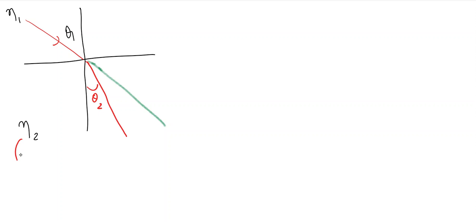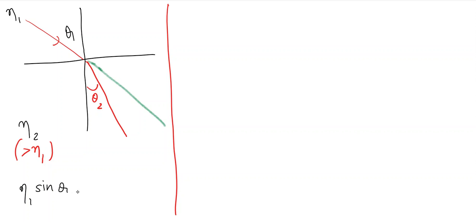The condition is eta 2 is greater than eta 1. In that case, it will bend towards the normal, and there is a relation between theta 1 and theta 2. The relation is eta 1 sine theta 1 is equal to eta 2 sine theta 2.